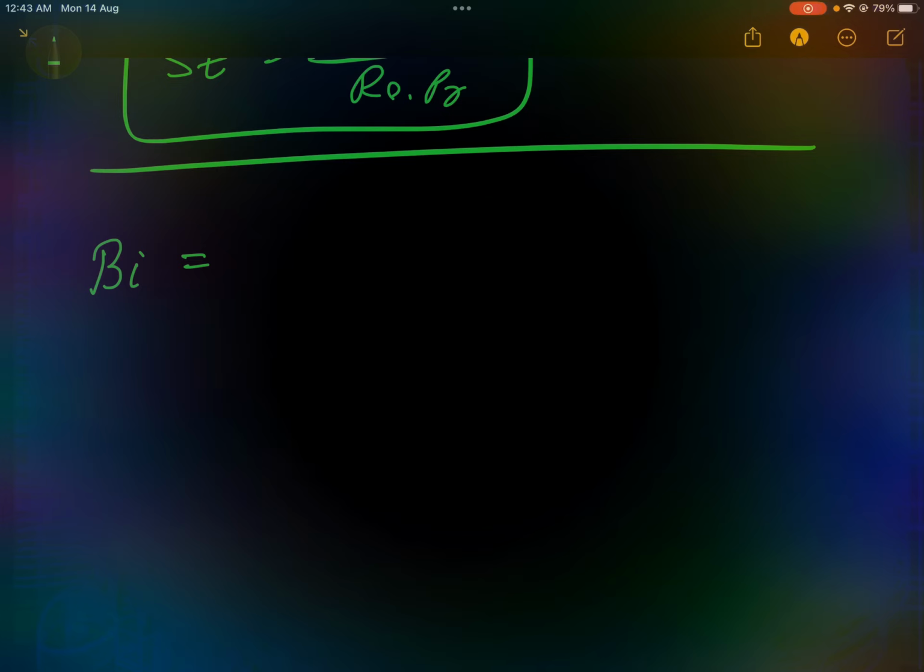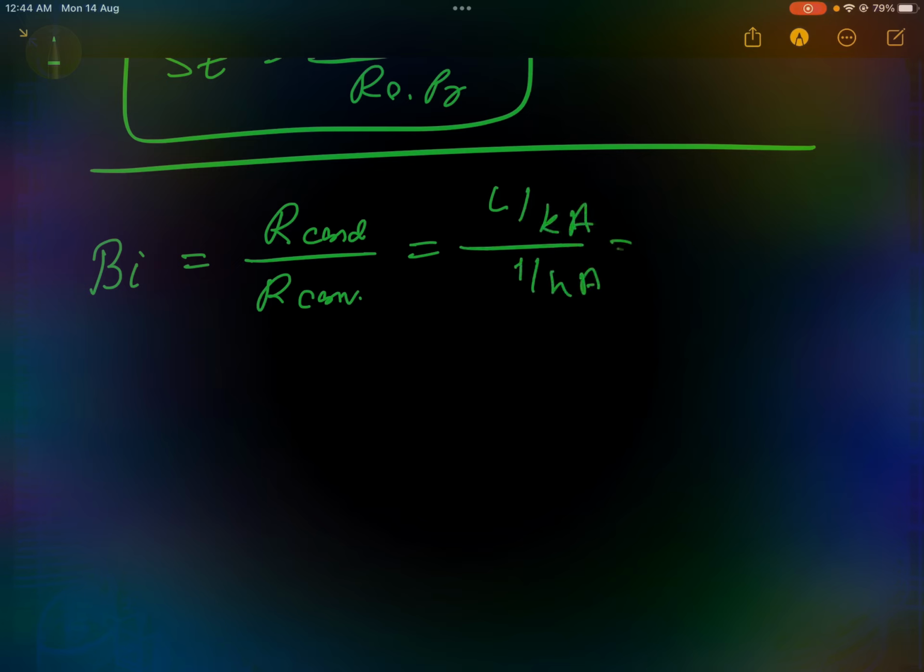The Biot number shows the ratio of the conduction resistance of a material to the convection resistance. The conduction resistance comes out to be L upon kA, and the convection resistance is 1 upon hA. So it is actually hL upon k.